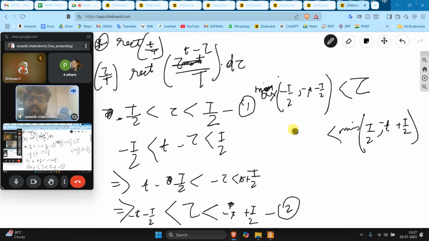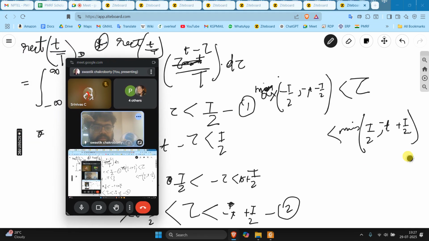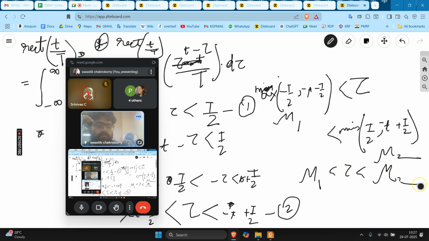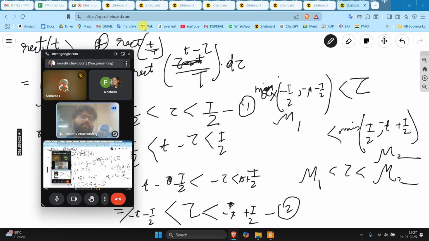So this is the limit of tau. Here we will write this as, say, m1 and this as m2. So m1 is less than tau is less than m2.